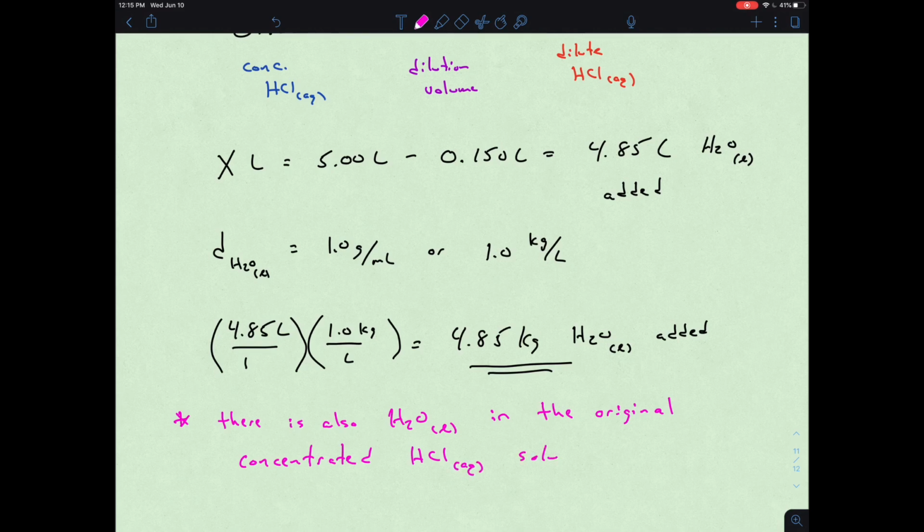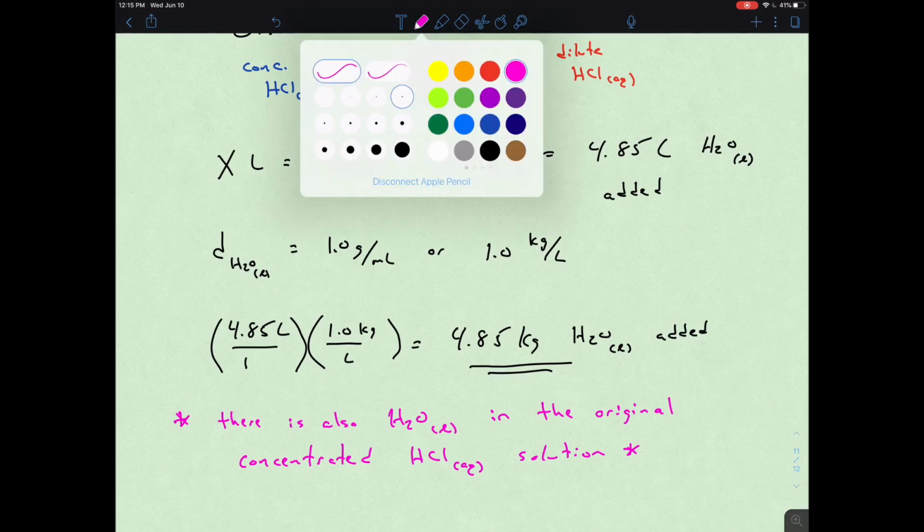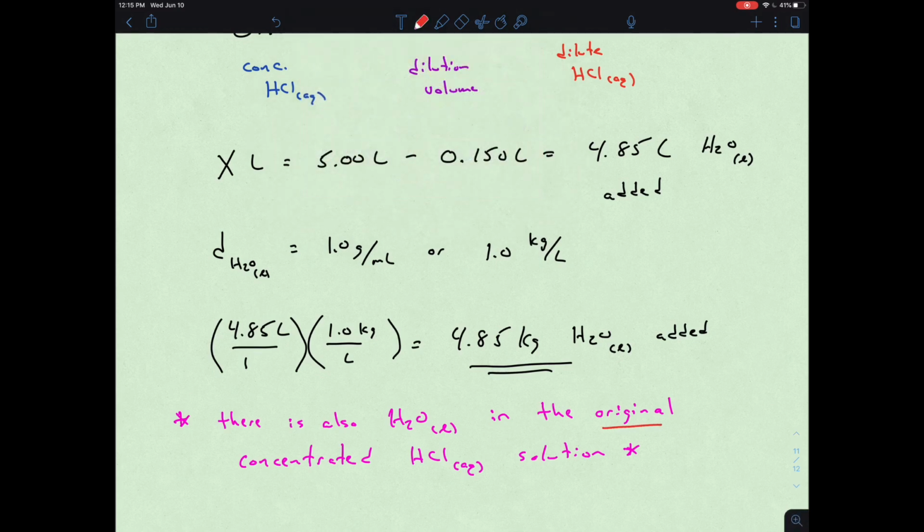So we have to figure that out as well. We have the mass of the water that we added to dilute, but the original solution was an actual solution. So we have to figure out, from the original concentrated solution, the H2O that's actually within that.